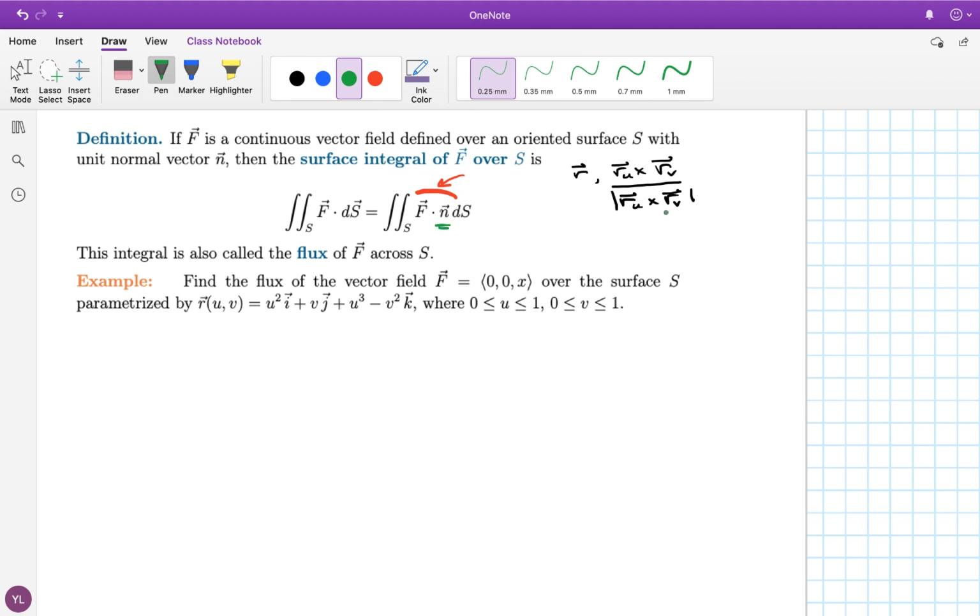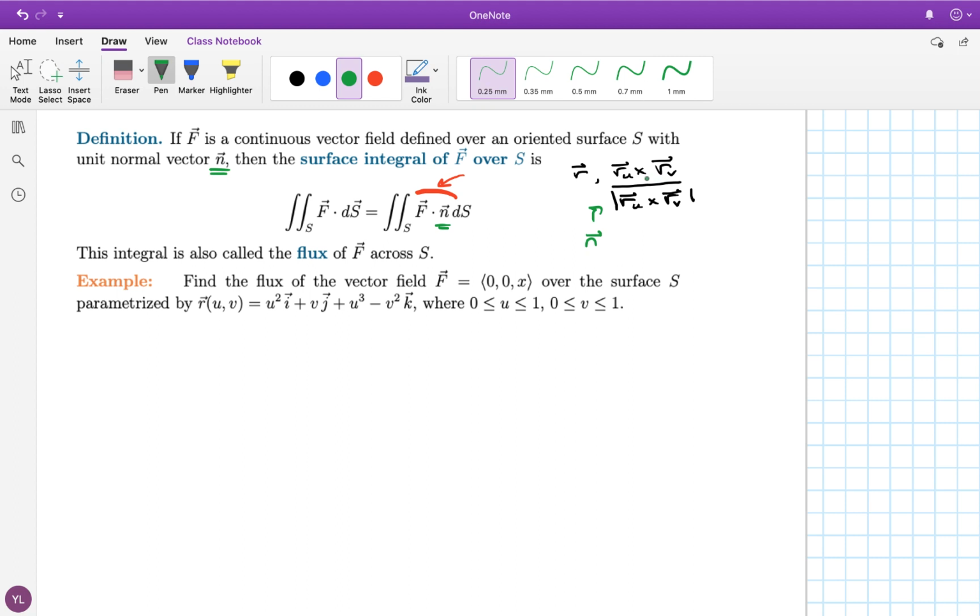When you're going to decide on which direction you want your normals to point, it's all completely controlled in your parameterization. If you decide on a parameterization and you construct this normal, it's going to point to one side of the surface, assuming it's orientable, right?